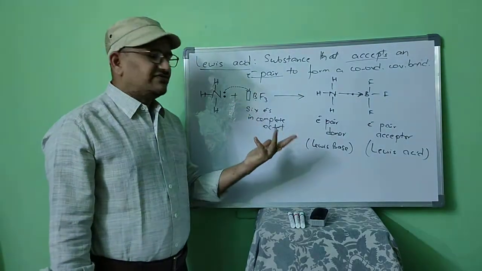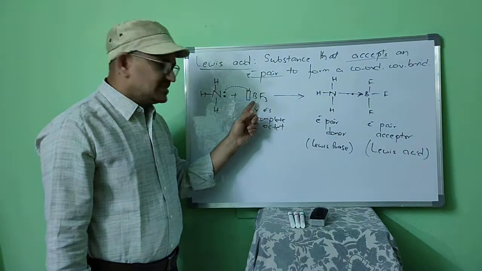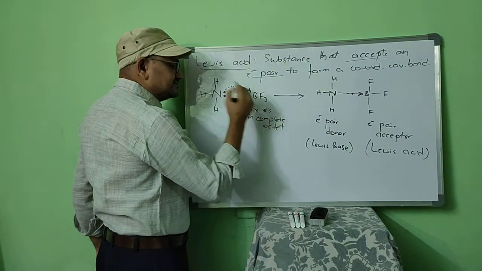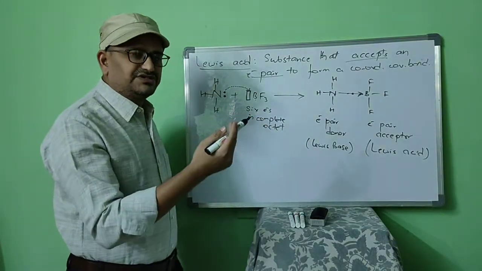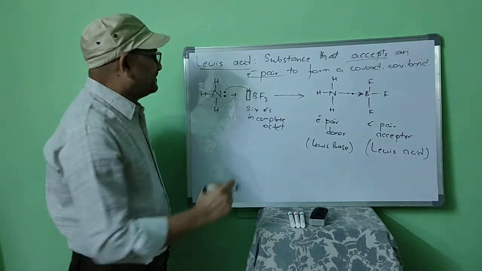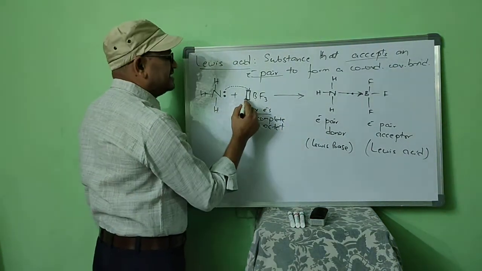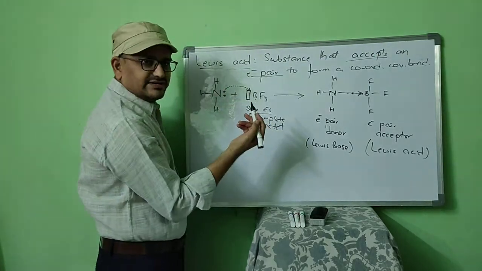To get an octet set of electrons, 2 electrons were less. It has a deficiency of 2 electrons. Along with that, it has a vacant orbital also. You are going to study about this in detail in the chapter chemical bonding, don't worry. Here boron has 6 electrons, so it is with incomplete octet. It also has a vacant orbital into which it can accept an electron pair.